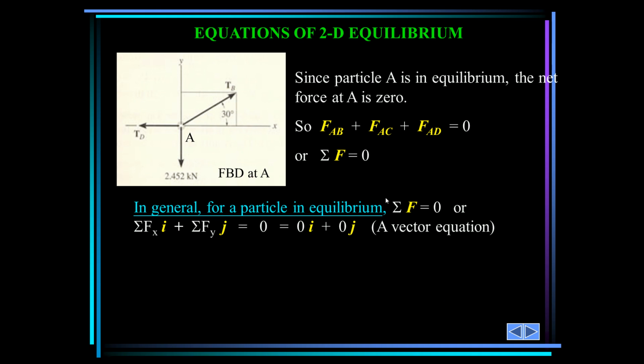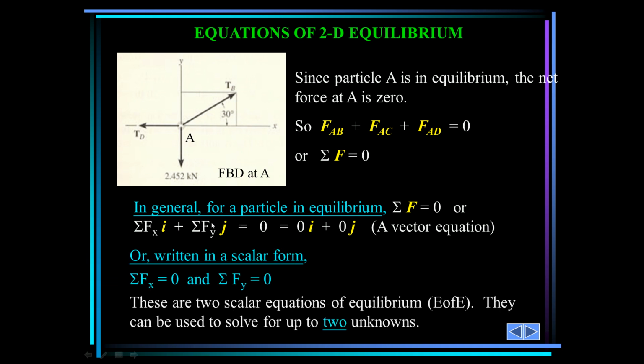Okay, so the equations for 2D equilibrium. Since particle A is in equilibrium, the net force at A is equal to 0. Therefore we have vector FAB plus vector FAC plus vector FAD, the summation of all forces in vector form, equal to the 0 vector. Or we can write it as sigma F equals 0.